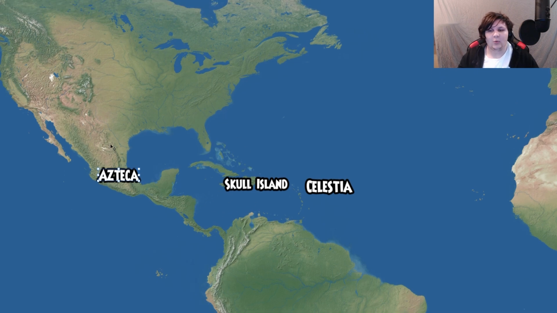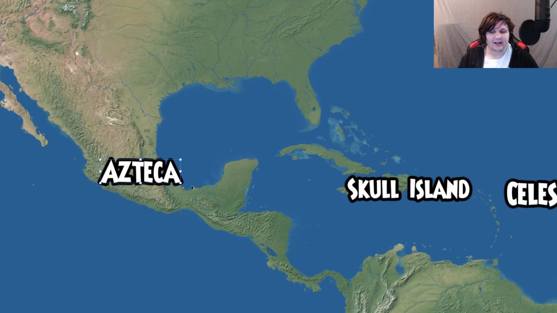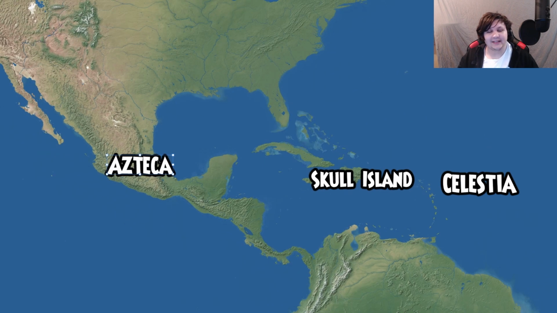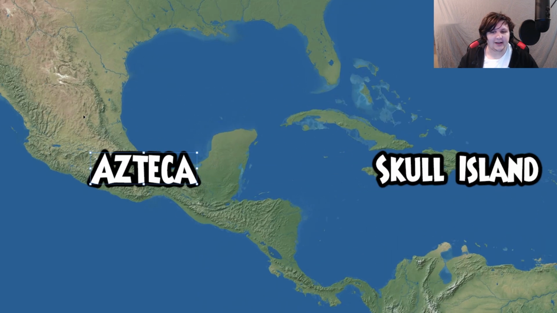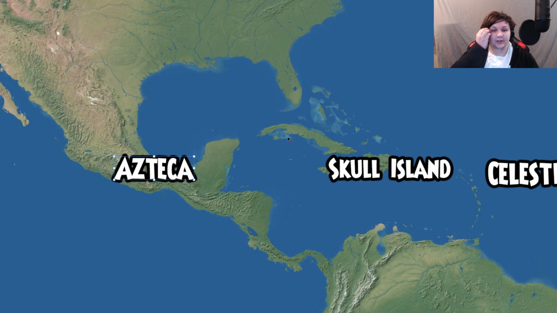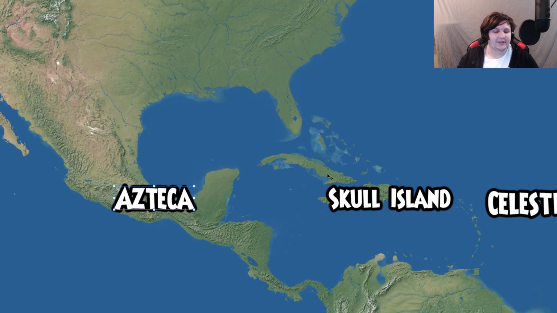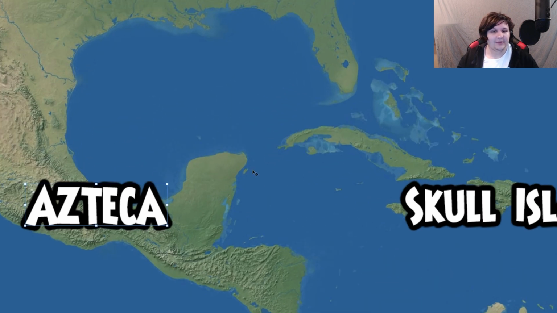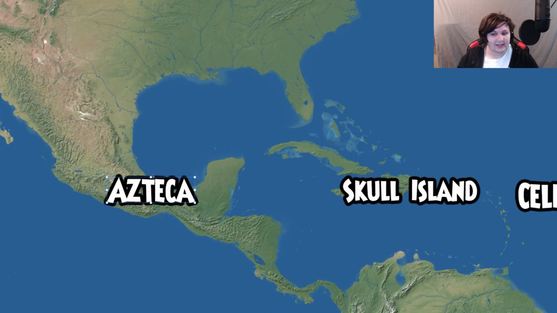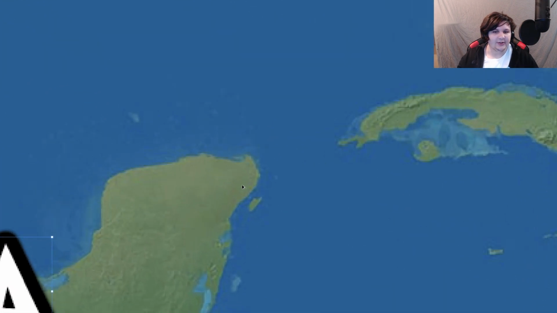What I want to mention specifically here is that it makes sense that Skull Island would be here in the Caribbean and Azteca would be around Mexico, that you would go to, say, an Aztecan tribe in Skull Island because of the proximity. And in our real life history, there was definitely some Aztec presence along a lot of this Mexican peninsula, also up here in the Yucatan.